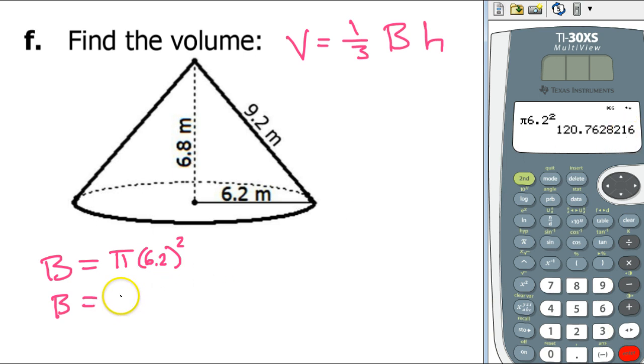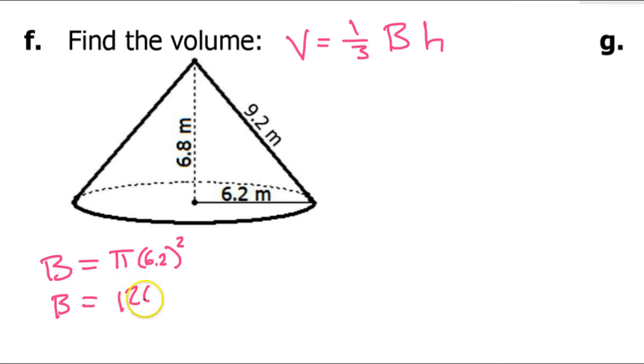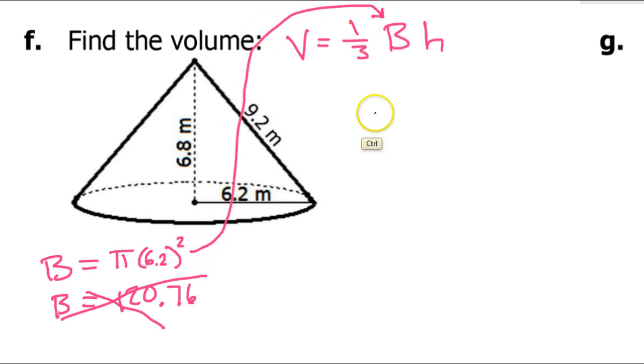I'm tempted to round it, so 120.76. But I just rounded, and it's not the end of the problem. I don't like to round unless it's the last step that I do. So that's why I'm not going to do this. Instead, I'm going to take this and plug it in, just so I don't round.